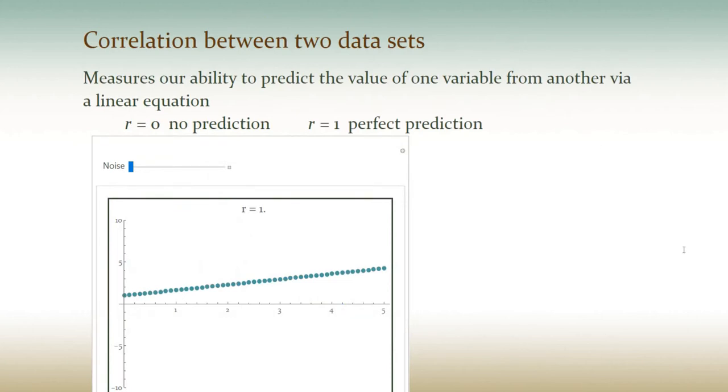So correlation between two data sets is nothing more than a measure of our ability to predict the value of one variable from another. We use R as the standard label for the correlation coefficient. When it's 1, it means we have perfect prediction. There's a straight line relationship.